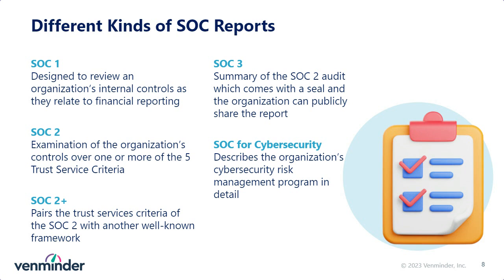The SOC 1 is designed to review an organization's internal controls as it relates to financial reporting. A SOC 2 is going to examine an organization's controls over one or more of the 5 trust service criteria. A 2 Plus is going to take that SOC 2 and combine it with another well-known framework to map them together for you.